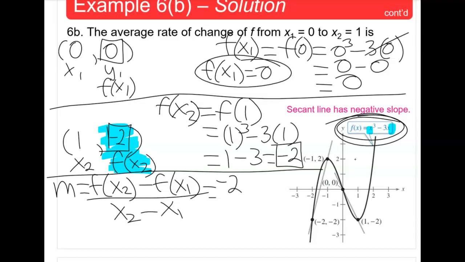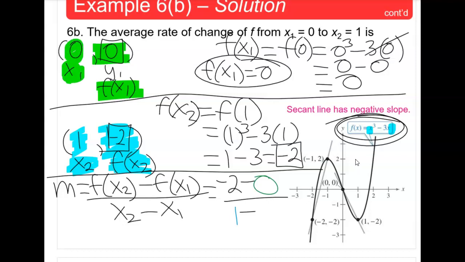And then minus f of x sub 1, which is 0. And then we need x sub 2, which is 1. And then minus x sub 1, which is 0. So now we get negative 2 minus 0 is negative 2. And then 1 minus 0 is 1. So the slope in this case is negative 2.